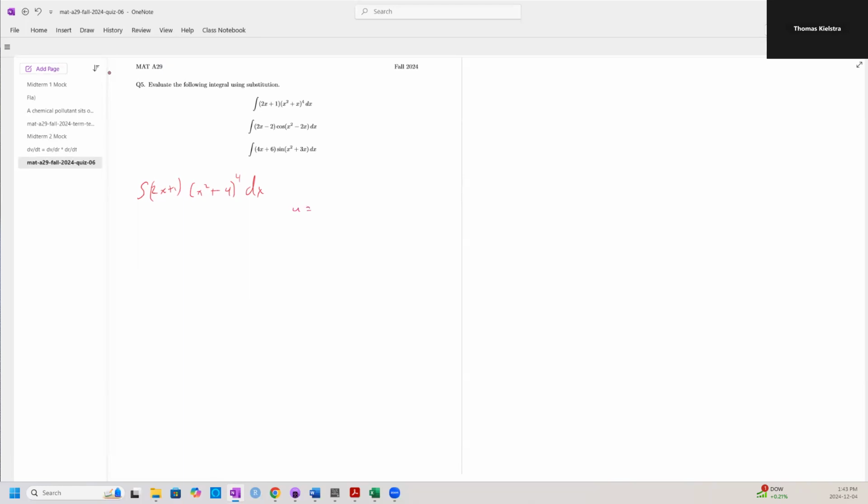And if we let u equal x squared plus x, well, du by dx equals 2x plus 1, or 1 over (2x plus 1) du by dx equals 1.